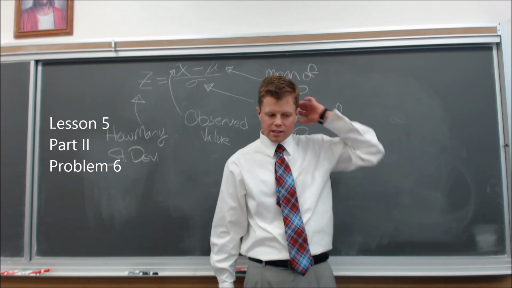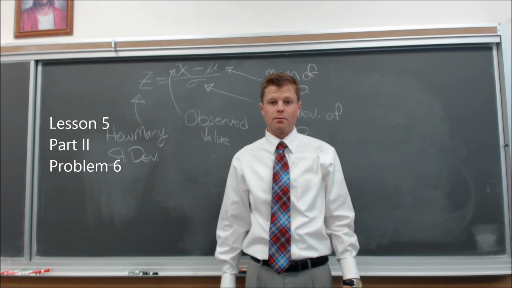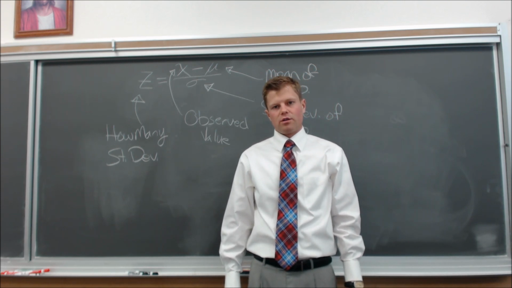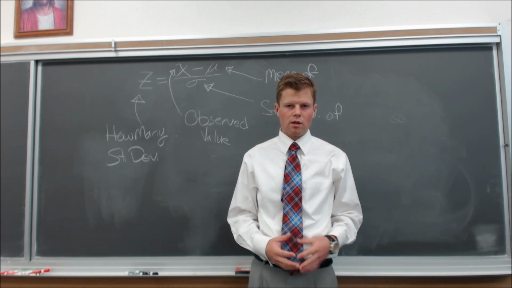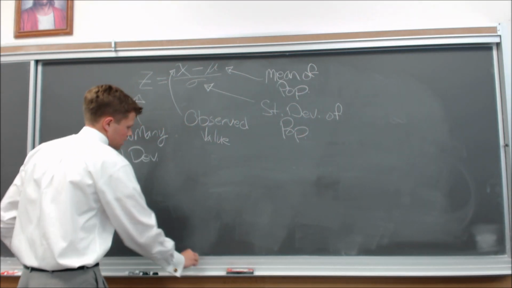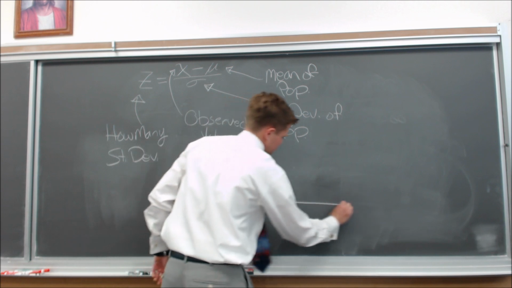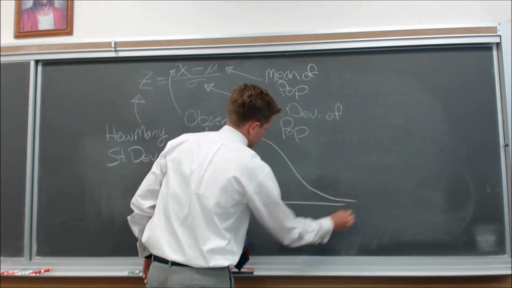Question 5. In no less than 3 sentences, please define and describe the 68, 95, 99.7 law. This rule is really helpful, and I'm going to use a graphic of the normal probability applet to describe it.